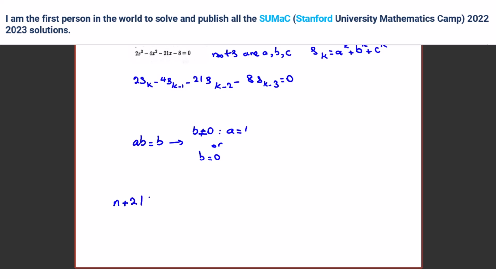And let me ask you this. n plus 2 divides n cubed minus 2n plus 5, that is, (n cubed minus 2n plus 5) over (n plus 2) is an integer. Find all possible values of it.